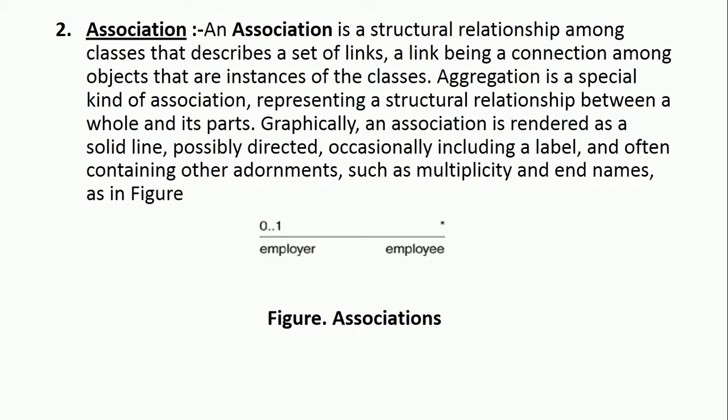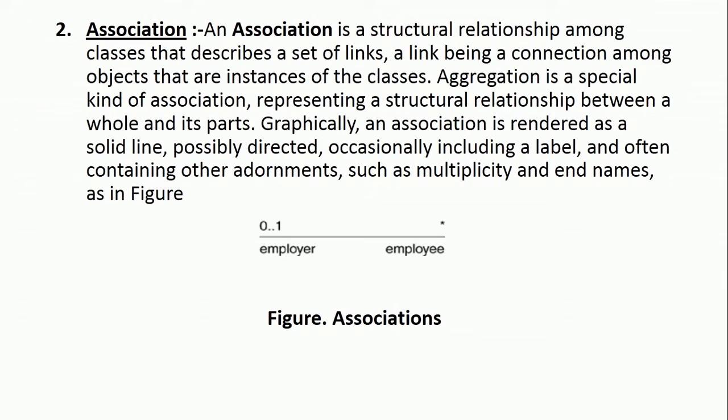The question, what is the difference between association, aggregation and composition, is frequently asked in the examinations. So aggregation and composition are subsets of association, meaning they are specific cases of association. In both aggregation and composition, an object of one class owns objects of another class, but there is a subtle difference.